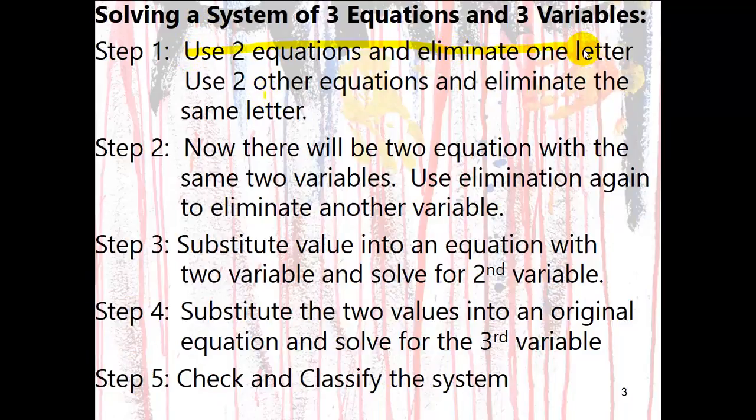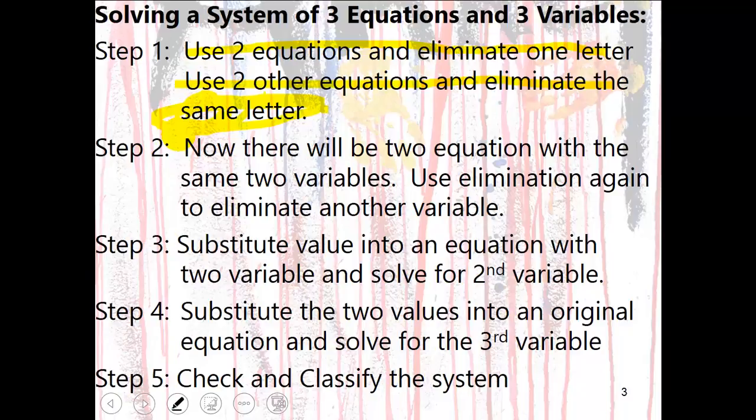Then we're going to pick two more equations, so one of them will repeat, and eliminate the same letter. The key is the same letter as you did in the first elimination. So now we've done two eliminations.